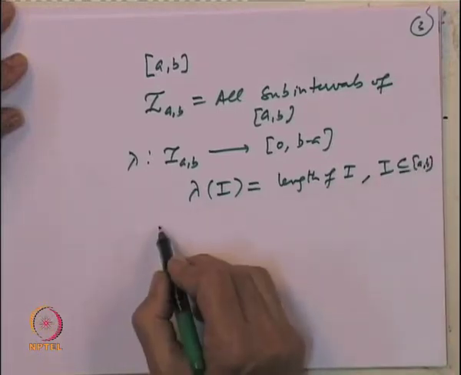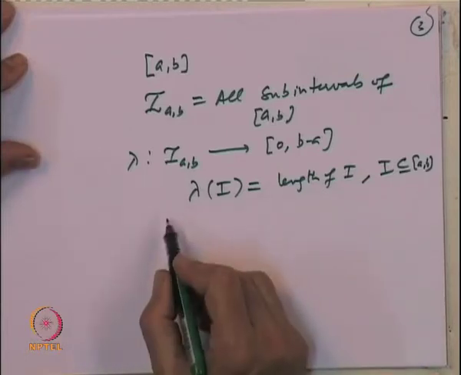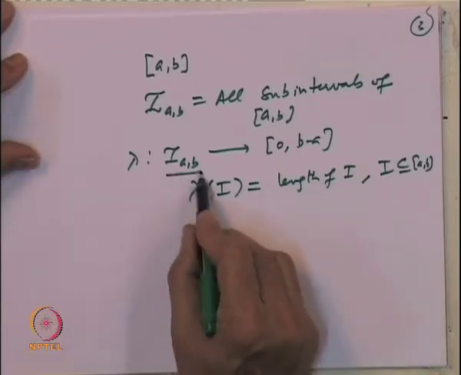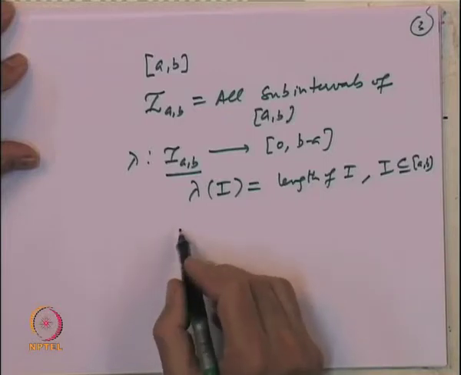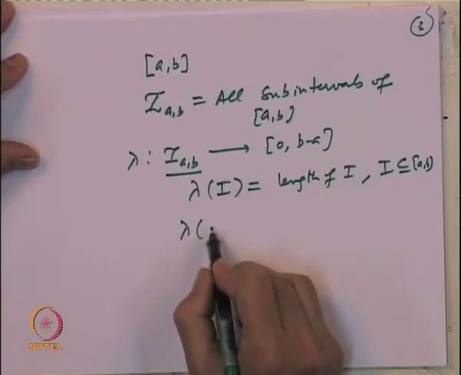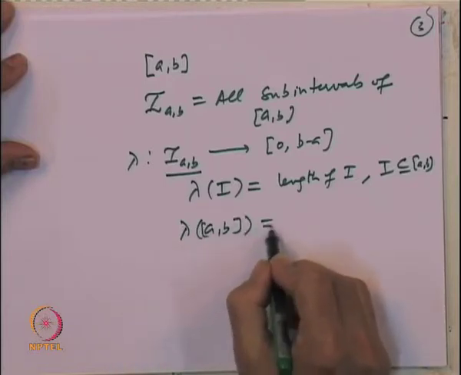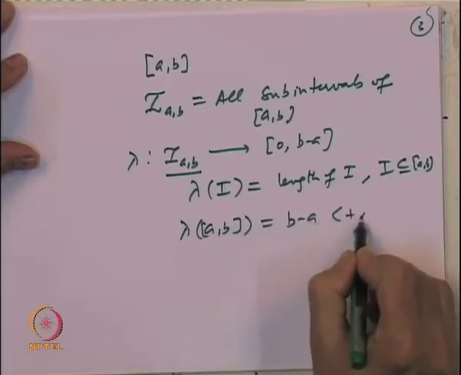And we know the length function is finitely additive, it is countably additive, and so on. So, on these intervals also it is countably additive, and lambda of the interval a to b we know is equal to b minus a, which is finite.